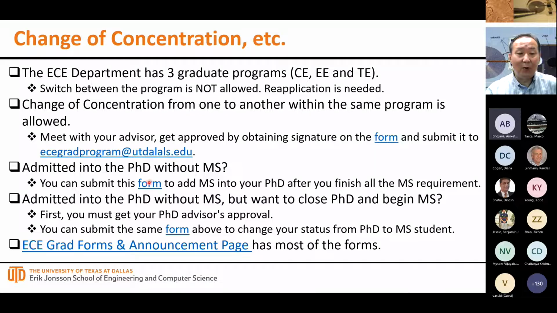You can submit this form right here and just check add the master's into your PhD. Then that is all you need. If that is your case, you must meet all the requirements for the master's degree, just like any other master's degree students, even though you are a PhD student, to get the master's degree. Okay.